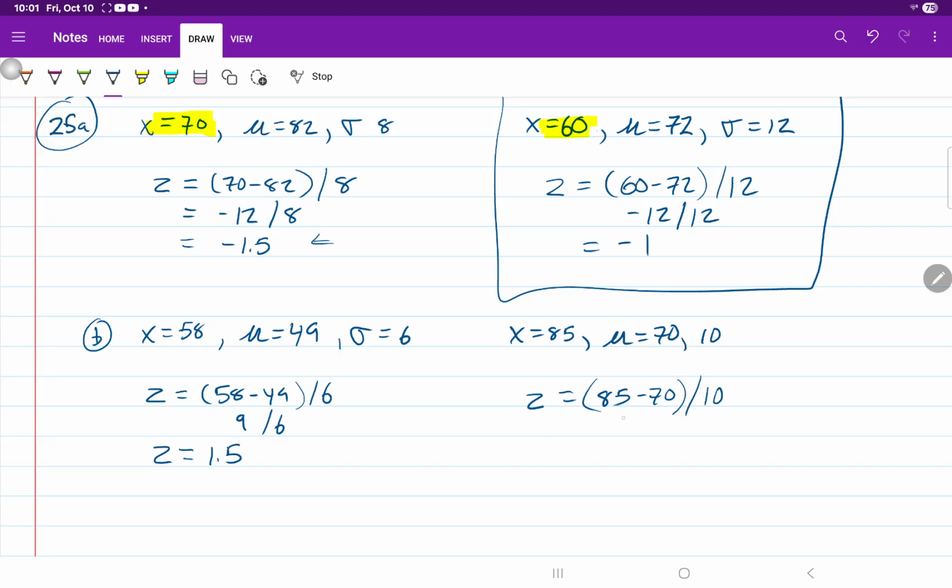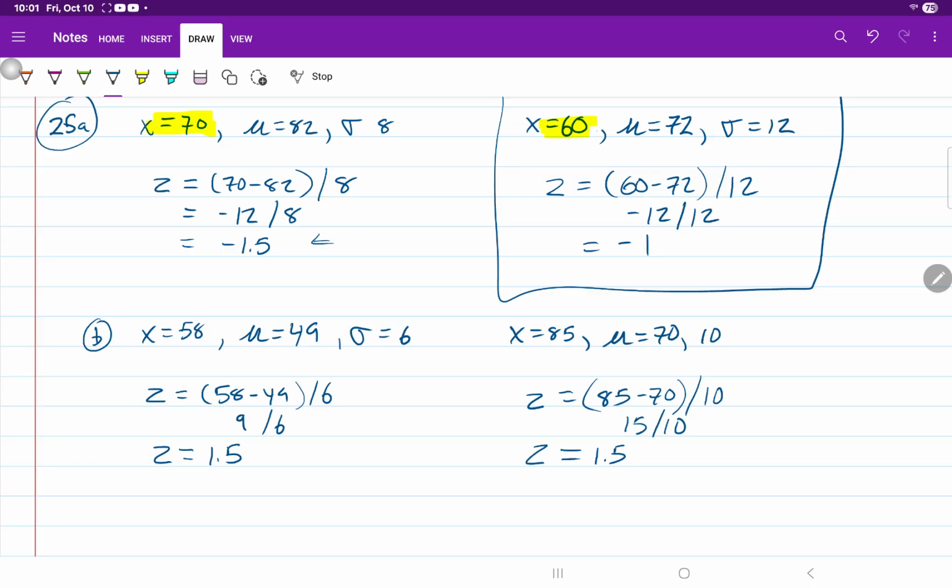So in this case, we're going to have 15 over 10, and that'll give us a z-score of 1.5. Okay, so looks like you scored the same on both. Did I do that right? Yes, I did. Okay, yeah, the same on both.